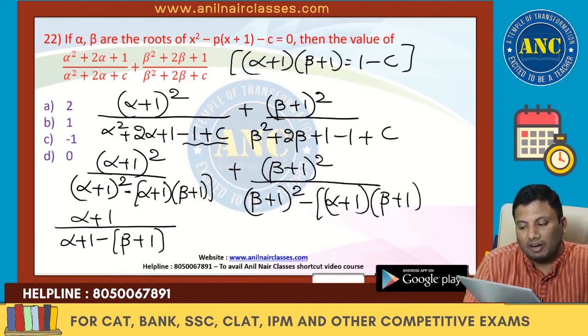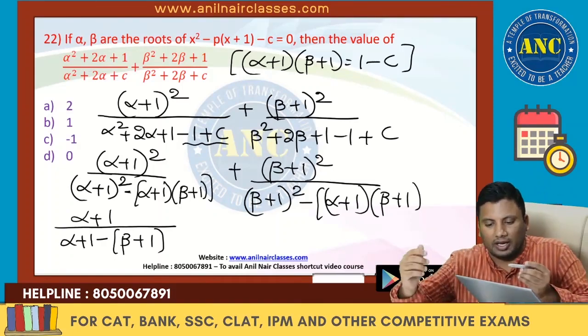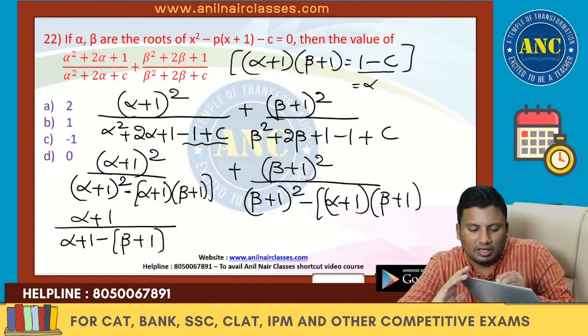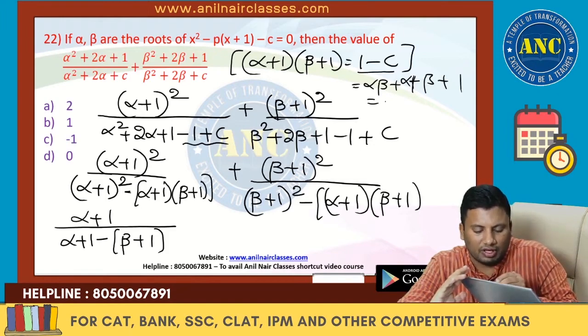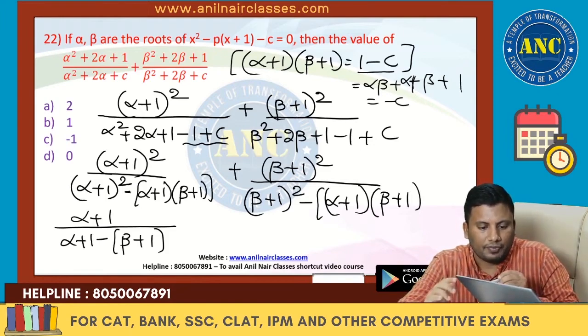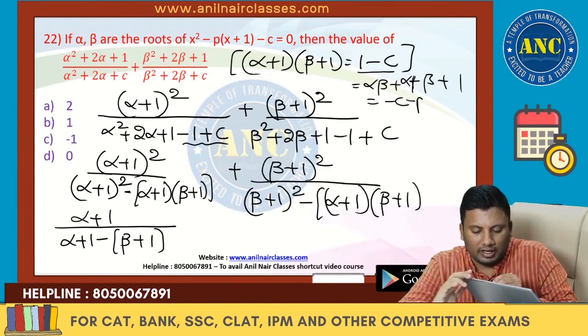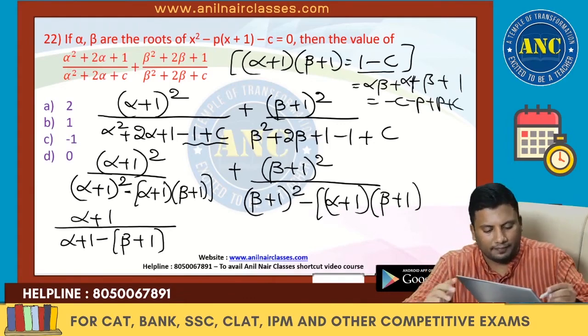So what is alpha plus 1? Is it plus 1 minus 1? This is alpha plus 1 c minus 1. Is it 1 minus c or c minus 1? This is alpha beta plus alpha plus beta plus 1. Alpha beta is nothing but minus c, minus p. Alpha plus beta is p, 1 minus c only. Okay.